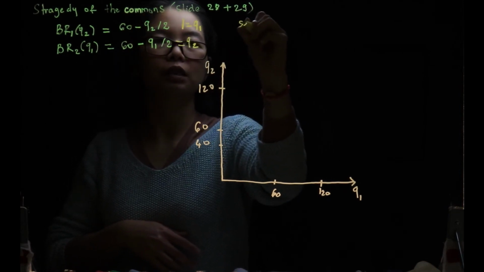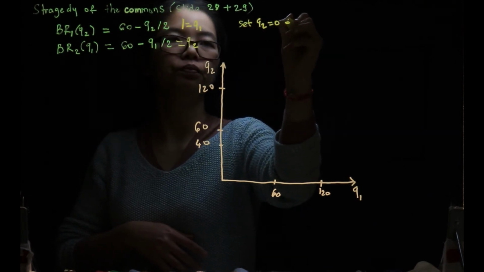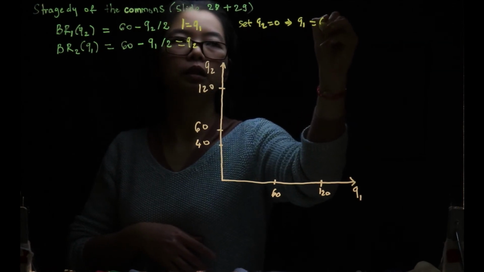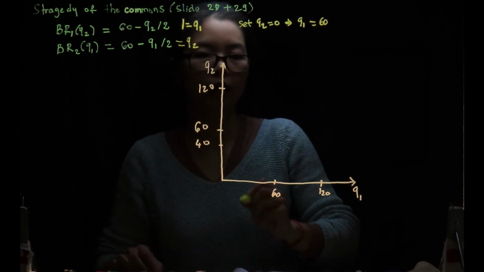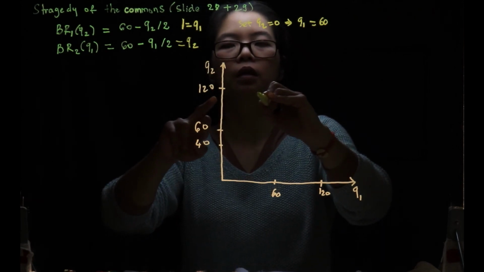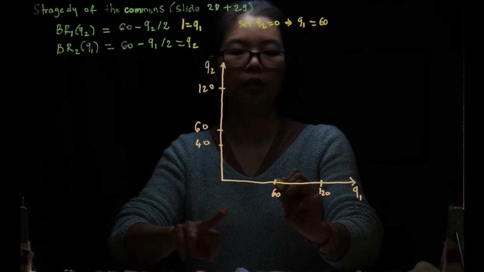So now if I set q2 equals 0, then q1 will be 60, right? And I put 1 point on the graph already. So q1 equals 60, right here.